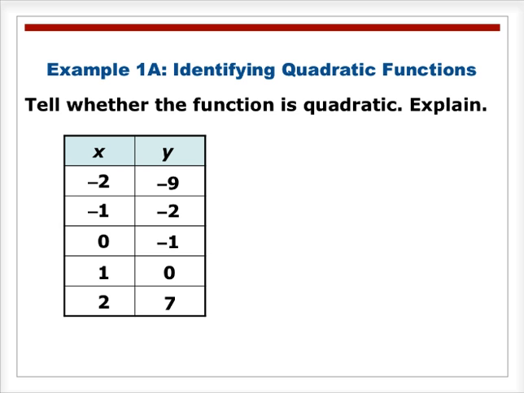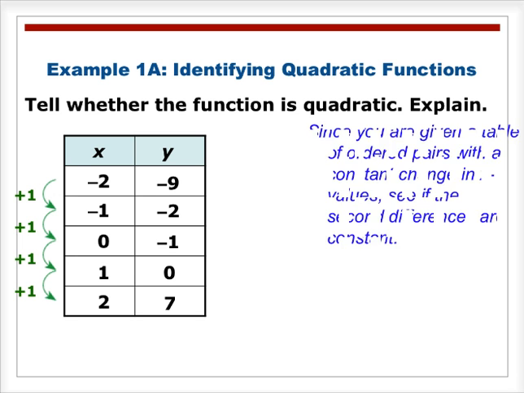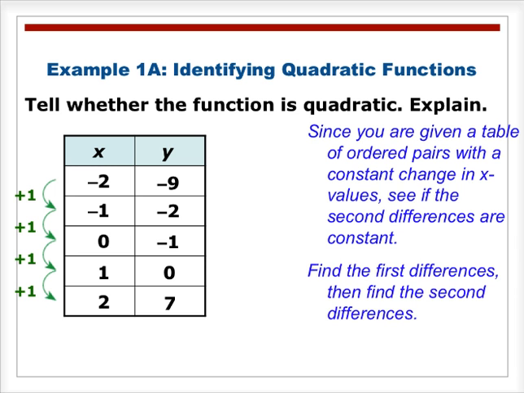So let's check and see if we can determine whether or not a set of ordered pairs is a quadratic. The first thing we do is always check the first differences. Yep, those are all +1. Now let's look at the change in y. If I look at the change in y, -9 to -2, I've got a change of 7, but then if you notice, it's only a change of 1, a change of 1, and then a change of 7.